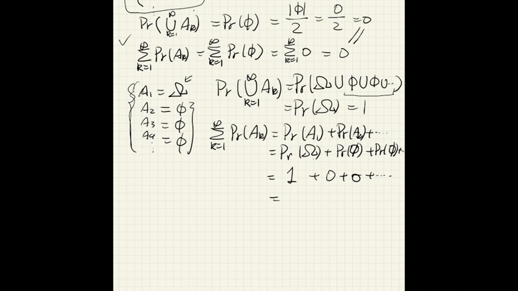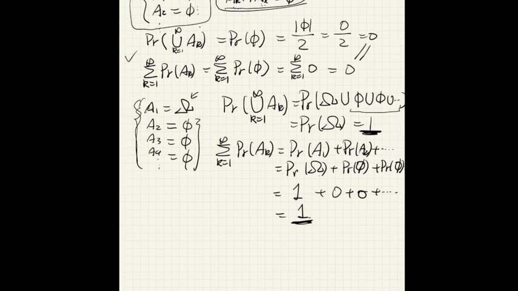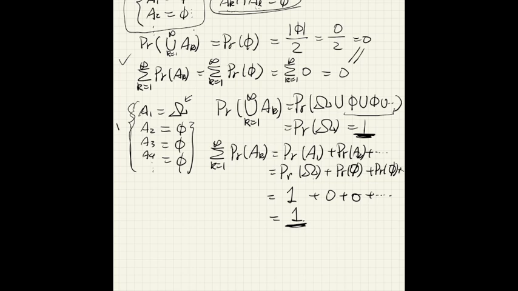So the result is 1. Therefore the left hand side is equal to the right hand side. So the third axiom of probability measure is satisfied.